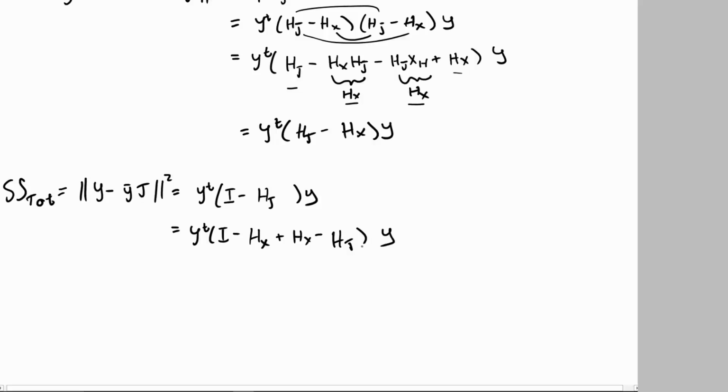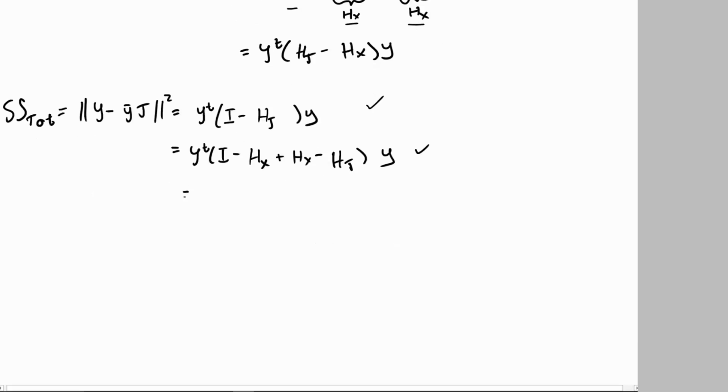times y. Okay, so I haven't done anything going from this line to this line other than adding or subtracting an h of x. Then I get y transpose I minus h of x times y plus y transpose hx minus hj times y.